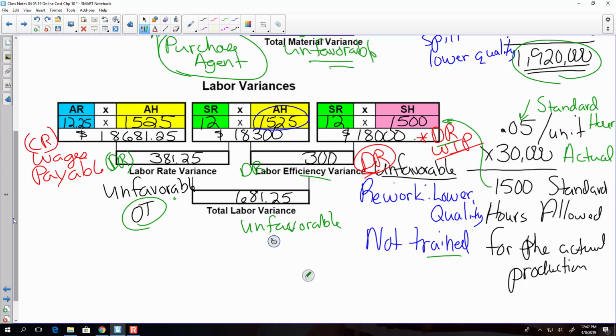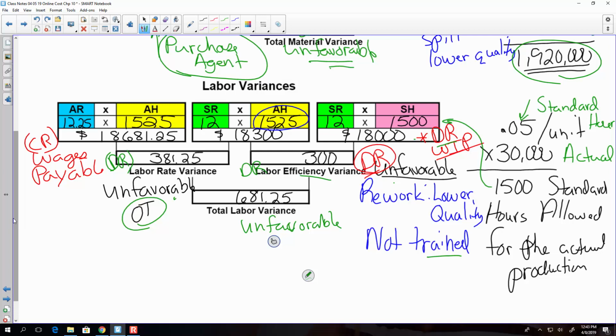It's hard to control an operation when you don't have a comparison to what should have been done, right? You can't talk to somebody about their speed of operation or their hours when you didn't tell them what the standard was or what the hours are that I should be shooting for. And that's the goal. It's a communication tool, right? With you as the controller or cost accountant to the production personnel.